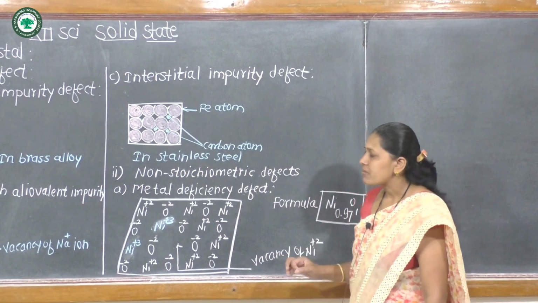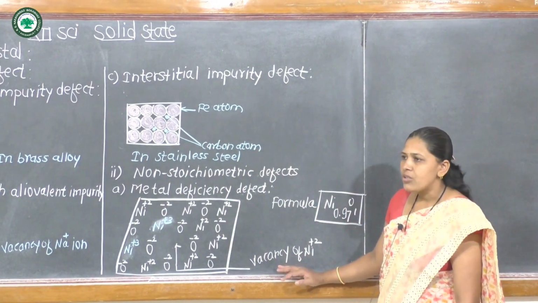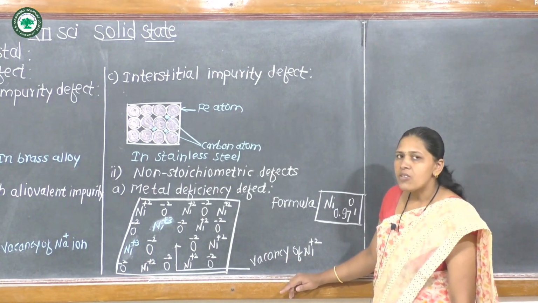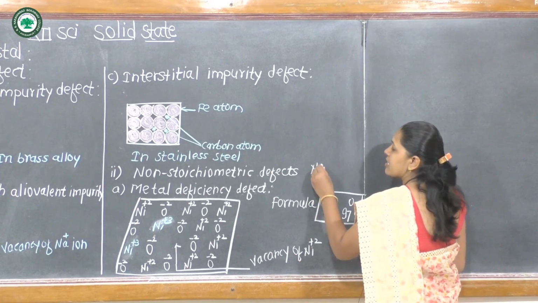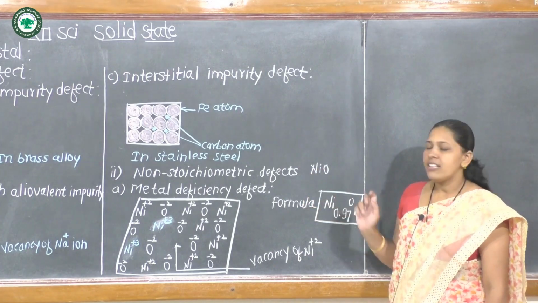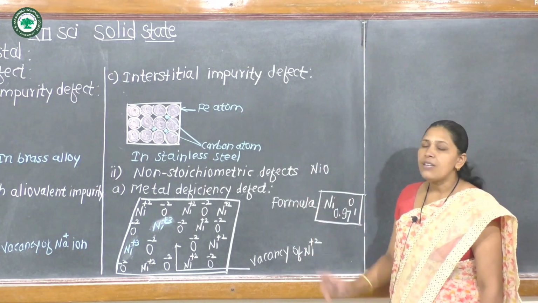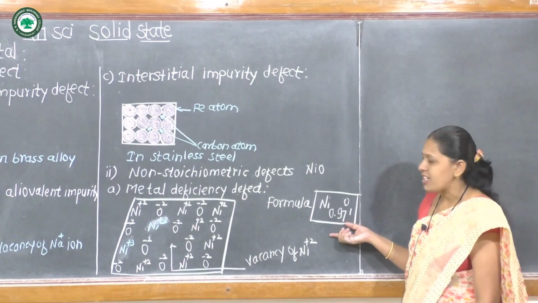But this is a non-stoichiometric defect. Therefore the chemical formula undergoes change. The original formula for nickel oxide is 1 atom of nickel and 1 atom of oxygen, but due to this metal deficiency defect, this formula undergoes change.